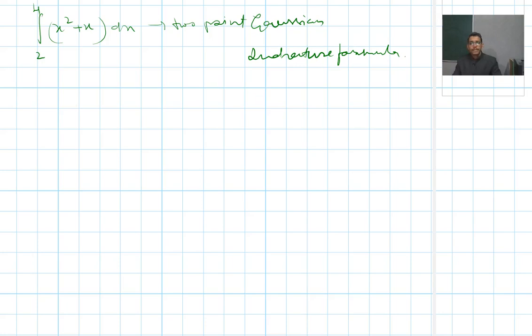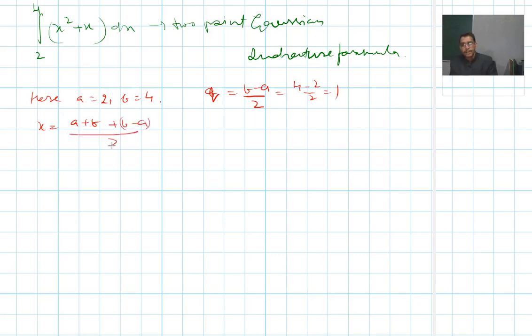This is a very simple and interesting problem which we are going to discuss. So here in this problem, a is equal to 2, b is equal to 4, and q is equal to (b minus a) upon 2, means (4 minus 2) by 2 is equal to 1, and the value of x is equal to (a plus b) plus (b minus a) by 2 into y.